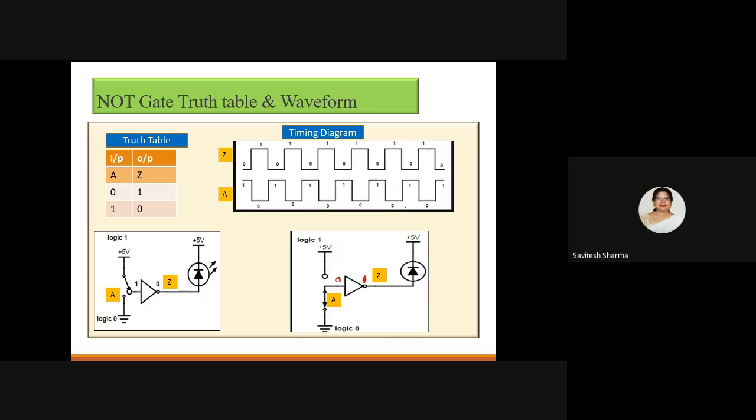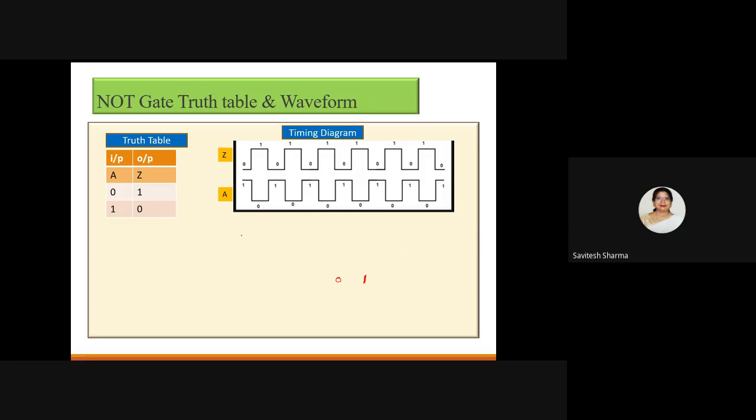Another way of representing a truth table, as I said, is using positive logic and negative logic. In terms of 0 and 1 you can tell, but another way is to tell in terms of high and low.